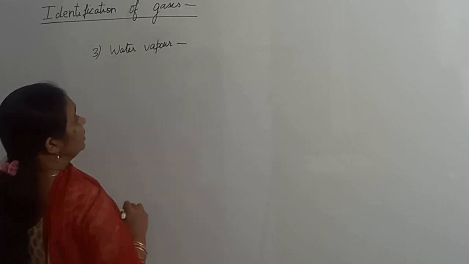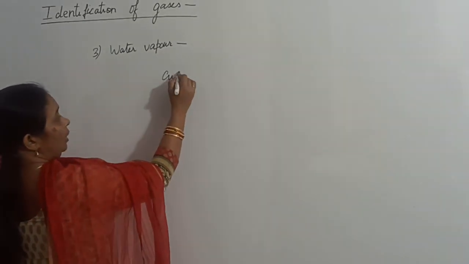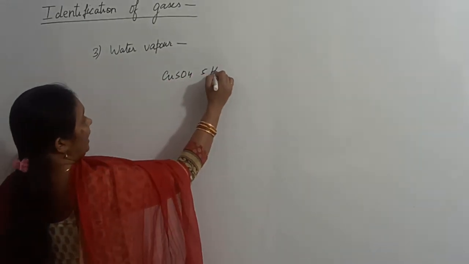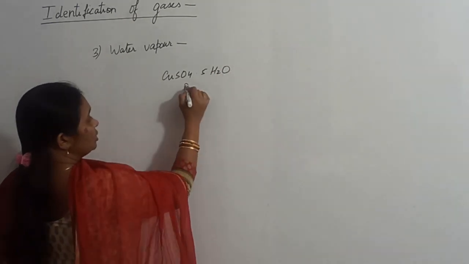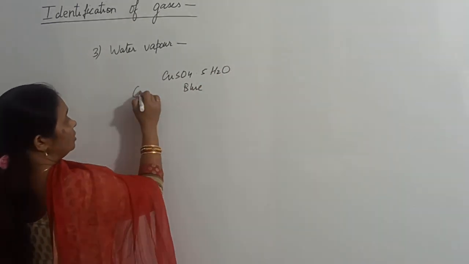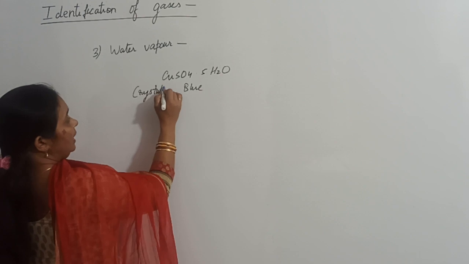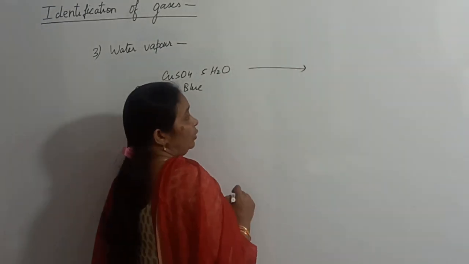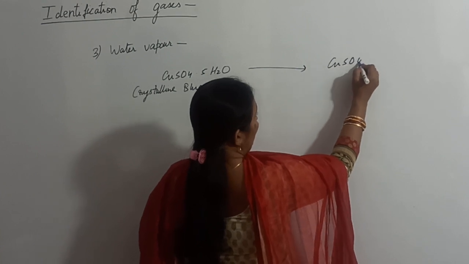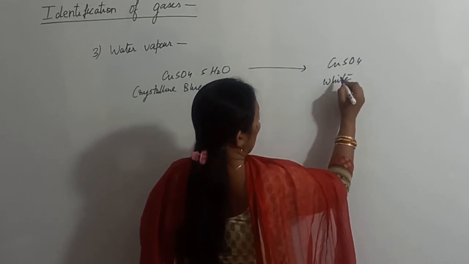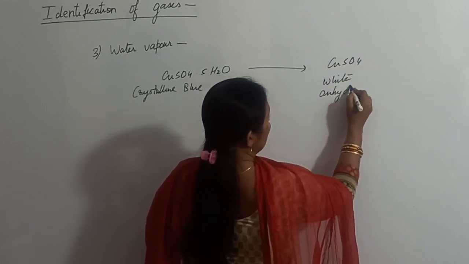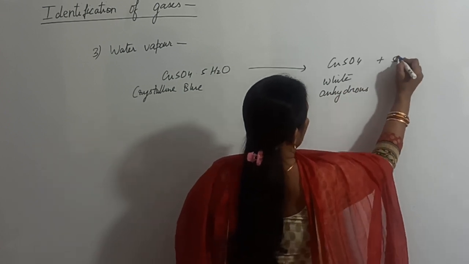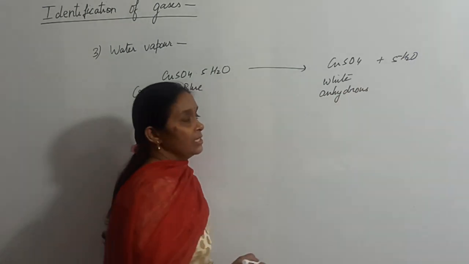Water vapor can be produced if you heat some hydrated salt like hydrated copper sulfate, which is a crystalline blue substance. If you heat it, it will turn to white anhydrous copper sulfate, and along with that water vapors are released.